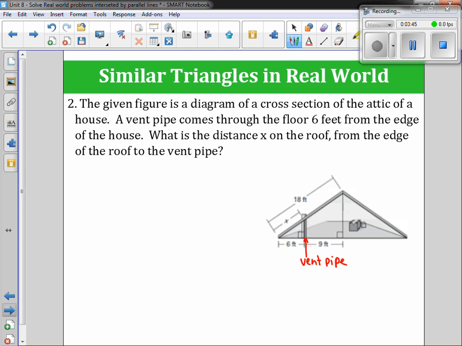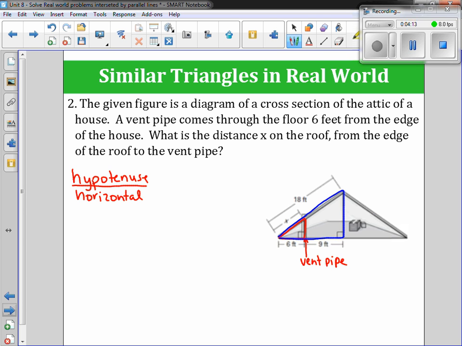So we are comparing a small triangle here with a larger triangle here. And we are actually given the horizontal distance, that's the distance across the bottom, and the hypotenuse distance. So we are going to compare the hypotenuse with the horizontal distance.